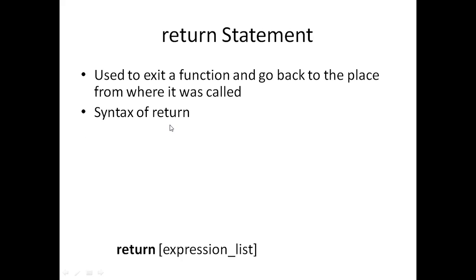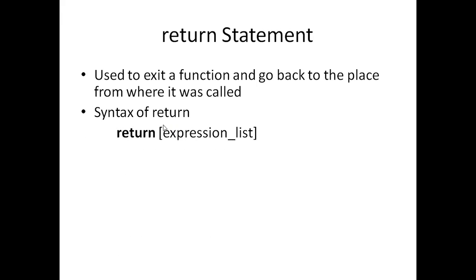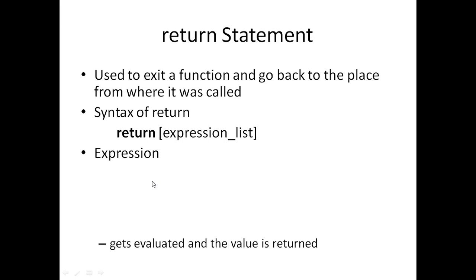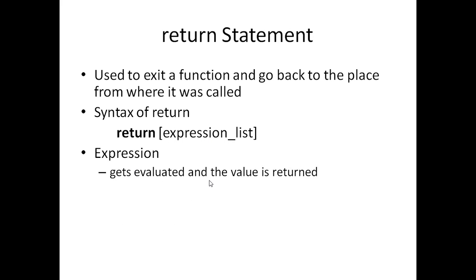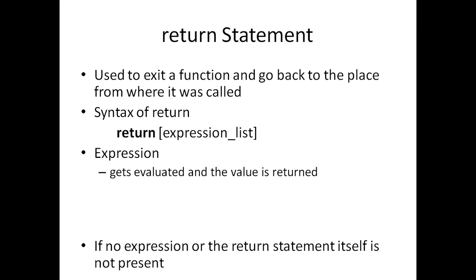Syntax of return: it is return and there is an optional expression list. If you are giving some expression in the return statement, then that expression gets evaluated and the value will be returned. We will see that example also. So if there is an expression in the return, it gets evaluated and the value will be returned to the main program from which it was called.